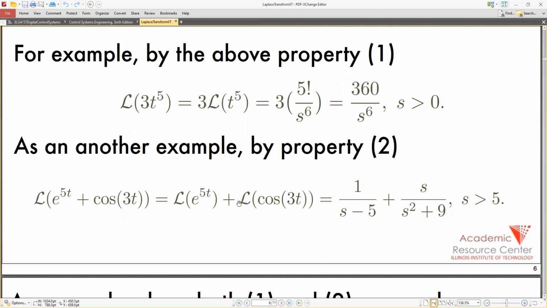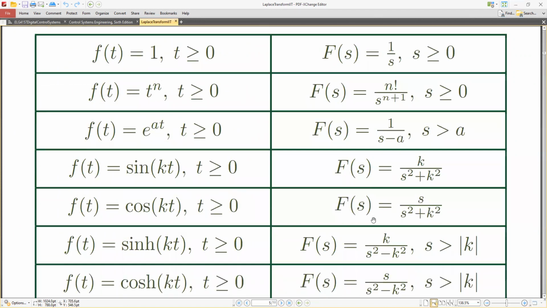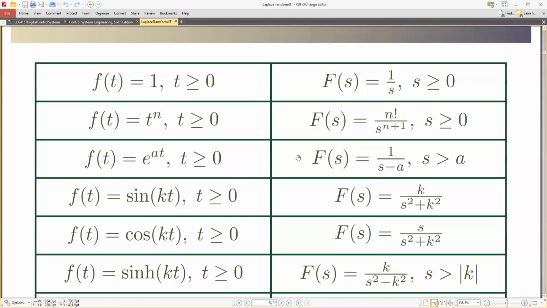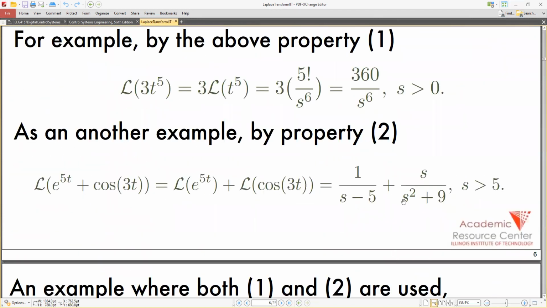Just do the job. How do we get this? We have to look at the table. e to the power at gives 1 over s minus a. Cos gives s over s square plus k square. Here k means 3, so 3 square is 9, where s is greater than 5.